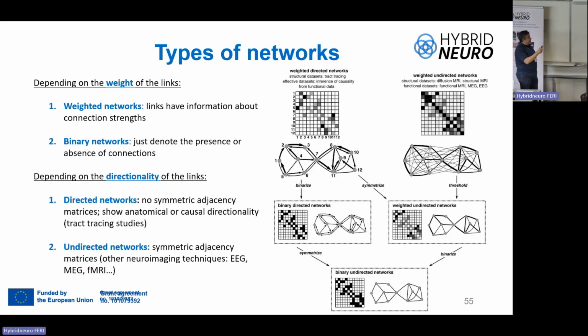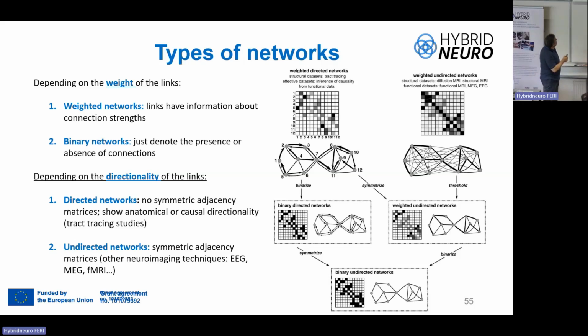We can observe that the strength can be a value or can be 0 or 1. For example, if you have a threshold, you can consider 1 if there is connectivity, 0 if not. But this is not very common.